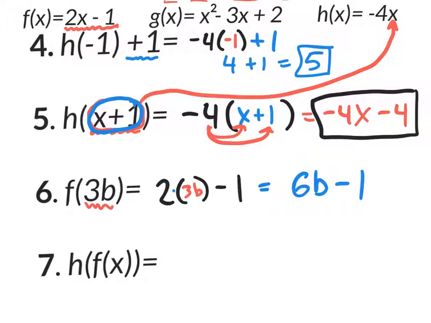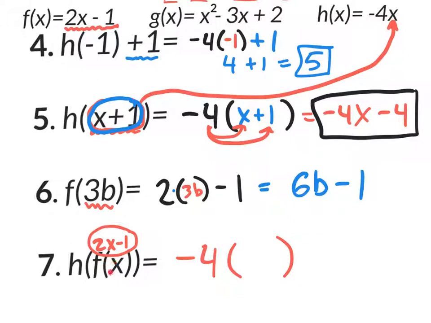So I need to literally take the f of x function and plug it into the h function. So f of x is really 2x minus 1. So this is what we're going to be plugging into the h. Does that make sense? So h is really negative 4x. Let me write that down. Negative 4 times x. But instead of h of x, we have h of f of x.